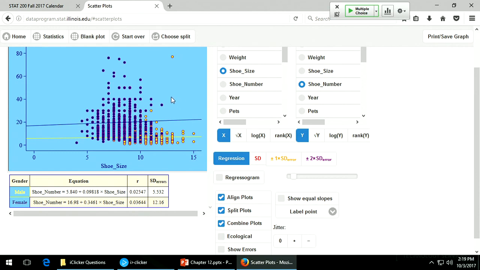First, what we're going to do is show that if we include gender as a variable, we'll get something very similar to this, but we'll get equal slopes here. Which isn't very far off because they're very close to equal. That's what we're going to do first. All right, so let's do that.